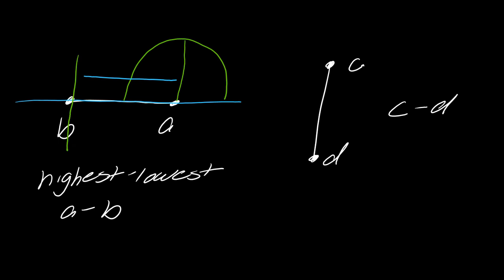Since we're going this direction, this would be the calculation x minus b. That's what it would look like in a shell method problem. Versus if we're going this direction, it would be y minus d in this case. That's the way you want to think about everything: you're always orienting yourself with highest minus lowest.